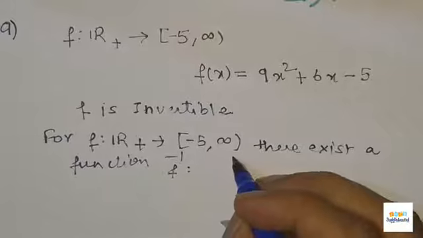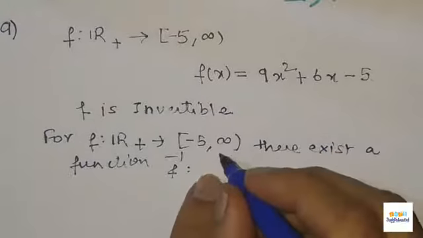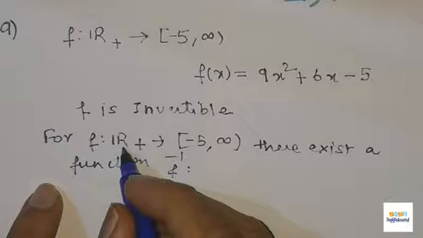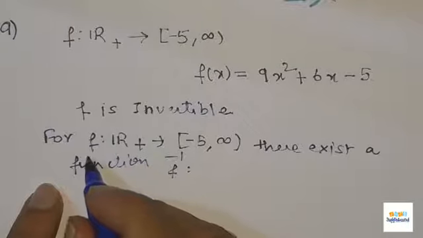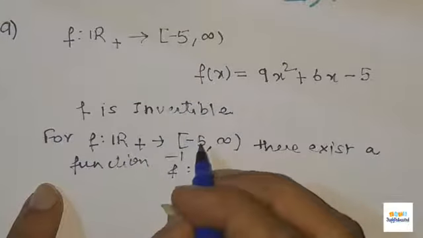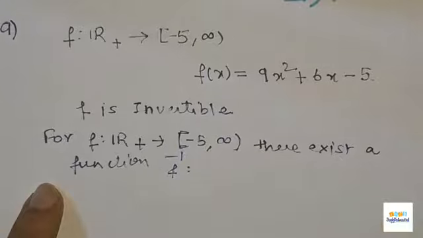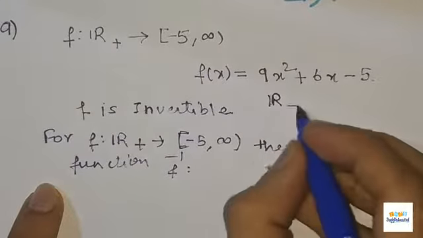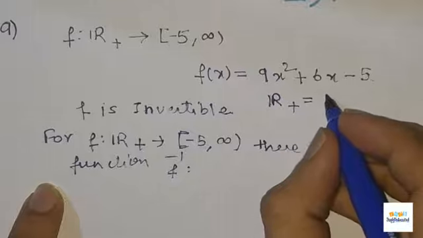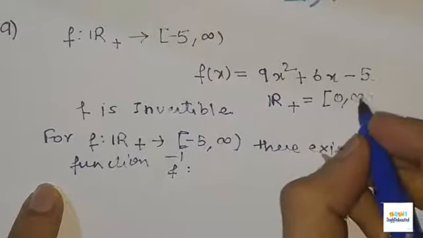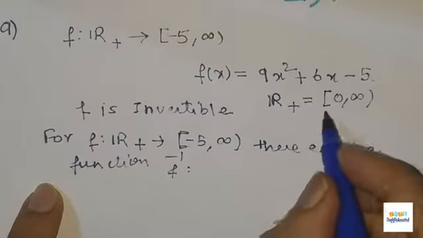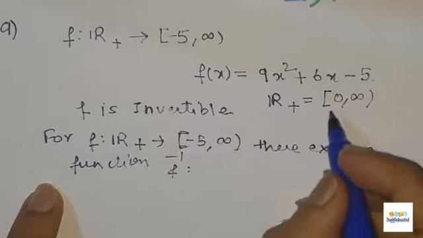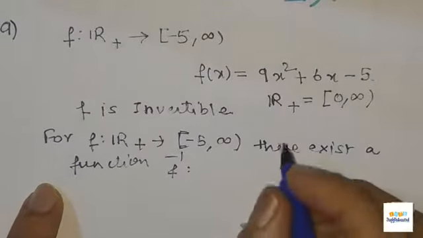Now to check the range of f, what we have to do is take some values in the domain, look at the function value, and see that this is only the range of the function f. So what is the set given to us? That is R plus here, which is nothing but closed 0 to infinity, right? All the non-negative numbers. So the R plus set is nothing but closed 0 to infinity open.